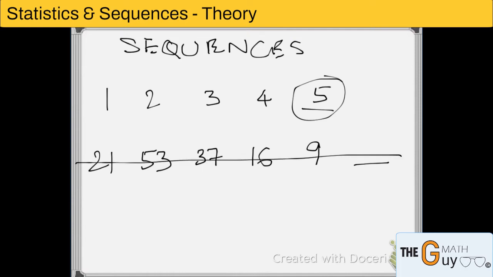Okay, now for GMAT purposes, we need to be dealing with two kinds of questions. One is general sequences. Now a general sequence would basically mean that it can have any formula, right?